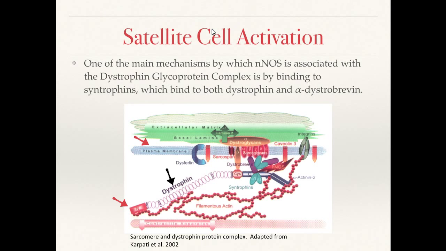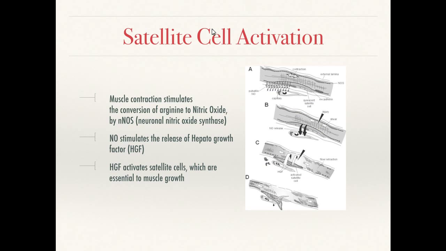There are a number of signaling molecules held within the dystrophin dystroglycan complex. One of them is right here. Neuronal nitric oxide synthase, or nNOS. Like the name suggests, it synthesizes nitric oxide from arginine. So we see that here. Muscle contraction stimulates the conversion of arginine to nitric oxide by nNOS.